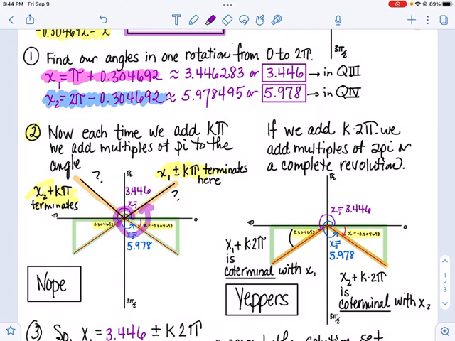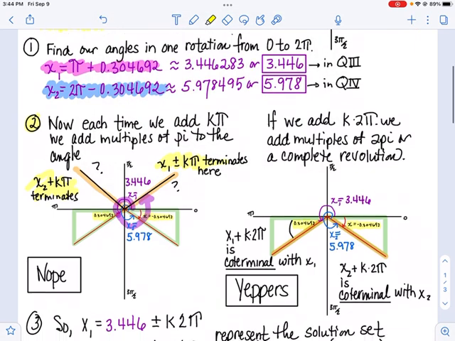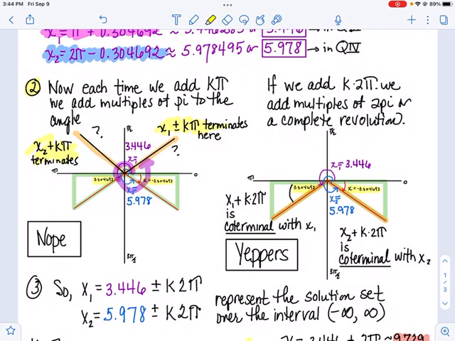Then if we add 2 pi to it, you can see that if we take the first angle, x sub 1, and we add k times 2 pi, that's always going to be coterminal. You're always going to end on the same terminal side. The same thing with x sub 2 in blue where the angle sweeps out.